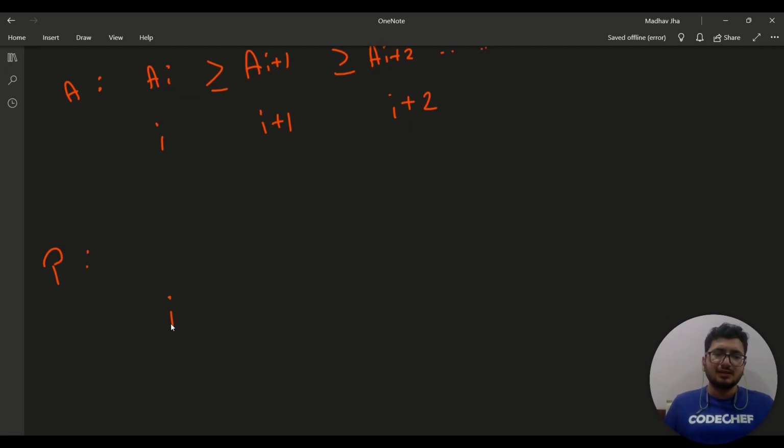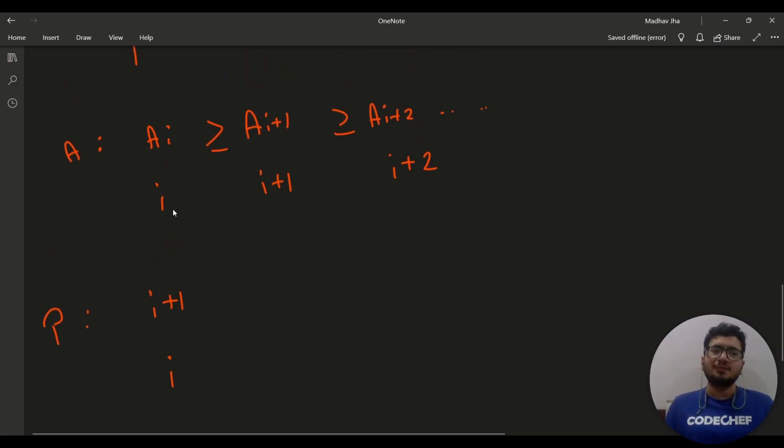The ith index will have the element i plus 1. With this, what will happen? We know that both of them are indices of our array A, and with this, the element at i, that is a_i, should be greater than or equal to the element at a_(i+1), and this is confirmed, right? Because this is how we have sorted, and we know that these elements are in decreasing order.